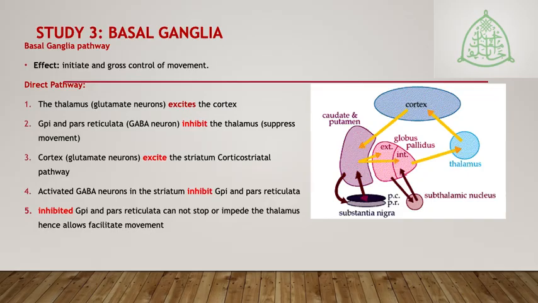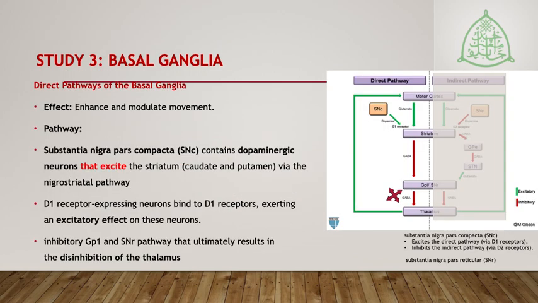However, increasing or modulating the movement, or facilitating the movement, was when the subthalamic nuclei excited the substantia nigra, which sends an excitatory neuron that binds to the GABAergic neuron leaving the caudate nucleus and putamen, binding via the D1 receptors, increasing their activity, which means it increases its inhibition on the globus pallidus interna. I hope you understand that. So next we're still talking about the direct pathway.